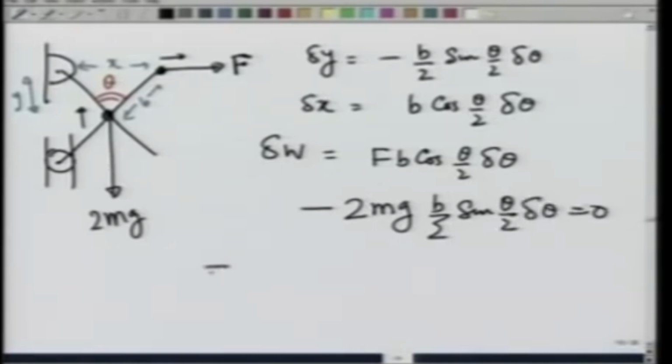You calculate this and you get F equals mg tangent theta by 2, and that is your answer that we had obtained earlier.